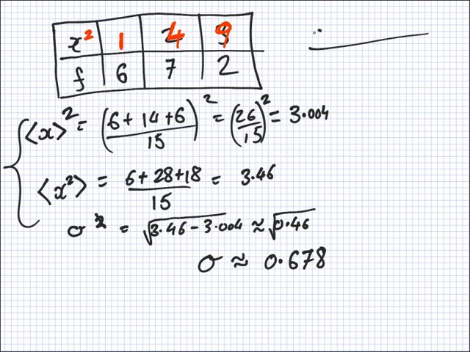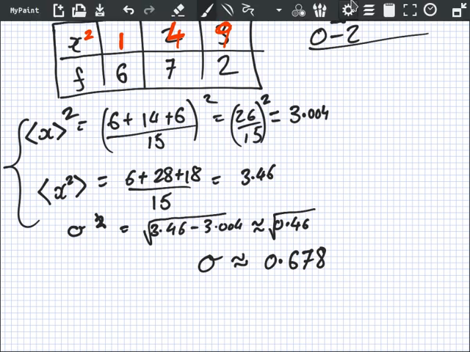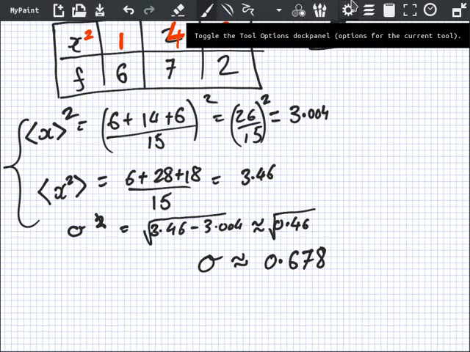So like if the first one was say 0 to 2, then you would just use 1. So that's the most common type of exam question, to calculate the standard deviation from a grouped frequency table. That would be like question 7 as an example. That would be a very, very common exam question. I think 80% of exams have this question.